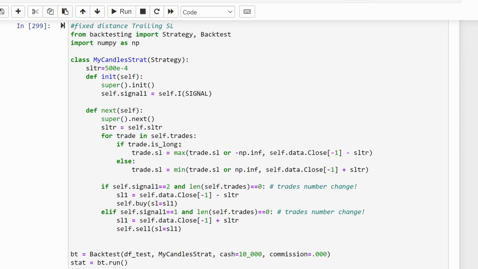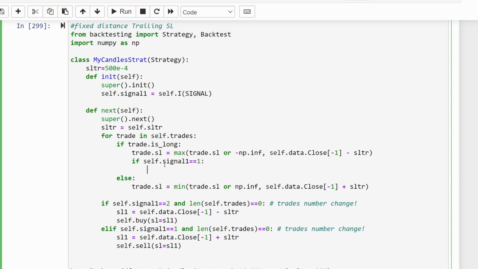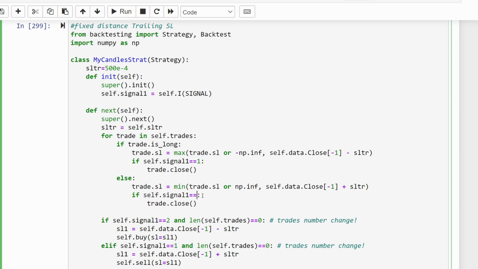In this case, we can add here: if the trade is long, and at the same time we have a signal that is equal to 1, which is a selling signal, then I'm going to close the trade. And we can apply the same thing for the other trades. So if we have a short trade and the signal is to buy, we are going to close this particular trade.